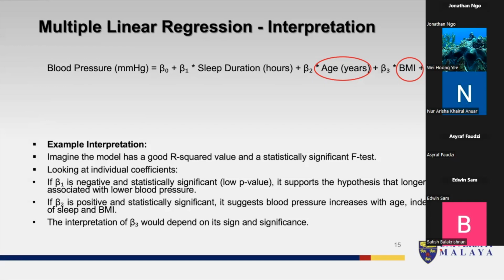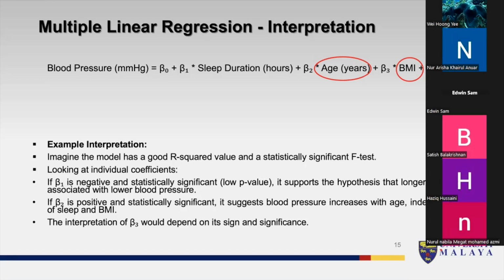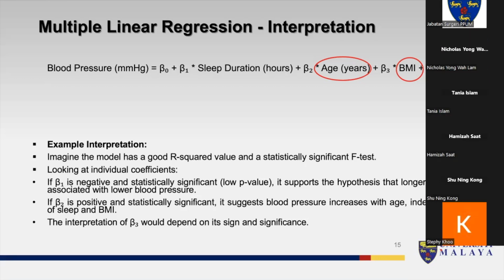If it's positive for age, then it suggests blood pressure increases with age, independent of sleep and BMI. Even after you consider the other independent variables, the relationship is still significant for each independent variable that predicts the dependent variable.